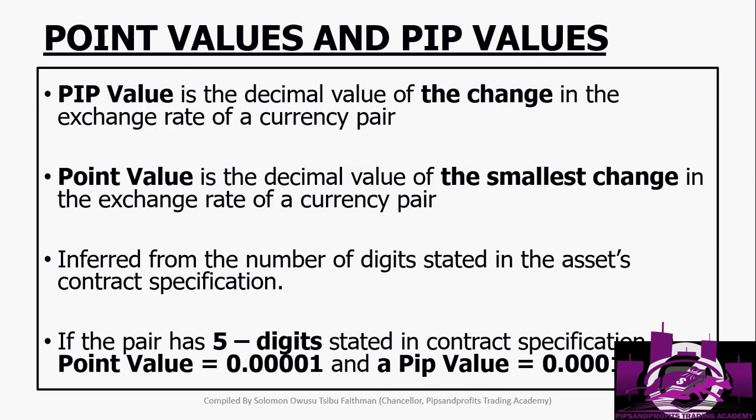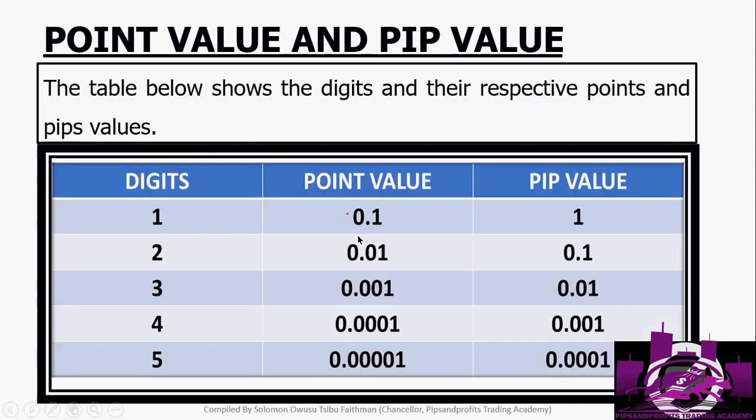Okay, now let's continue with our slide. This is how it looks. If in your contract specification the digit is 1, then the point value is 0.1, and the pip value is 1.